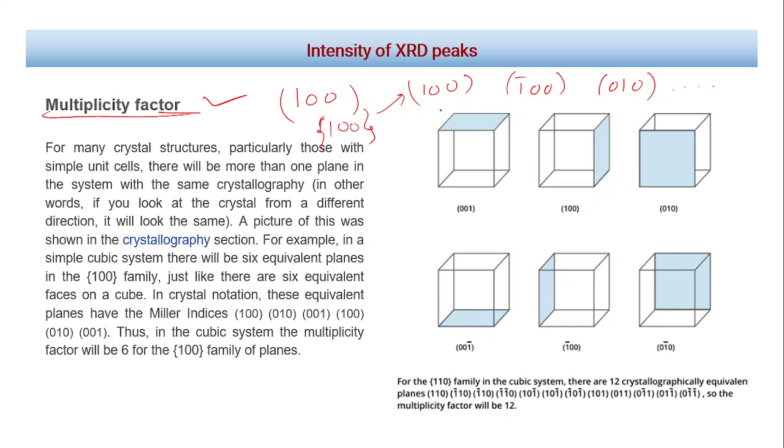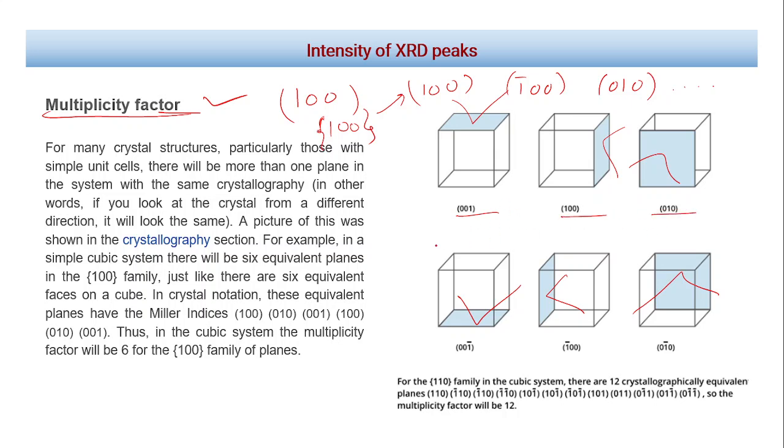In that case, the X-ray can diffract from here, it can also diffract from here or here, and we'll get diffracted beams from all the 001, 100, 010.